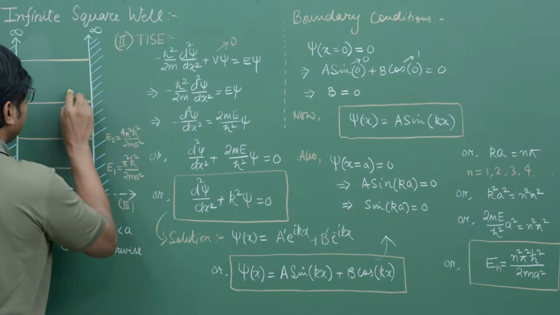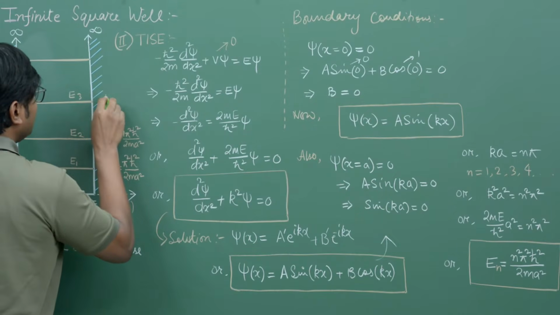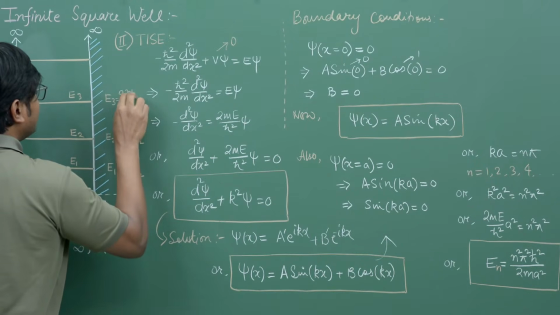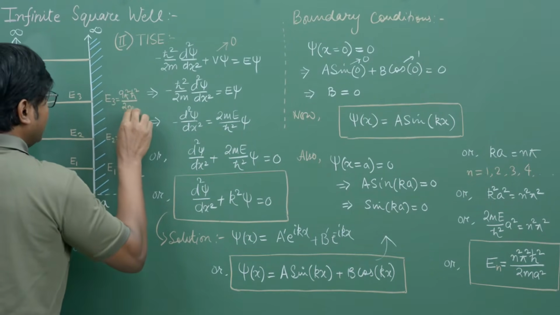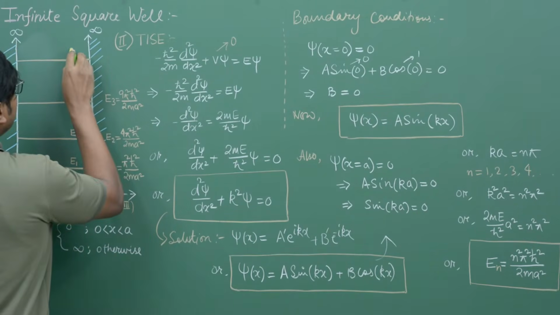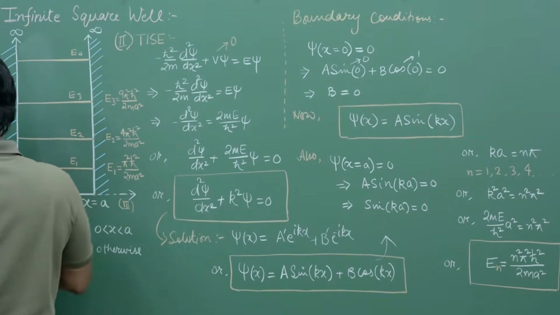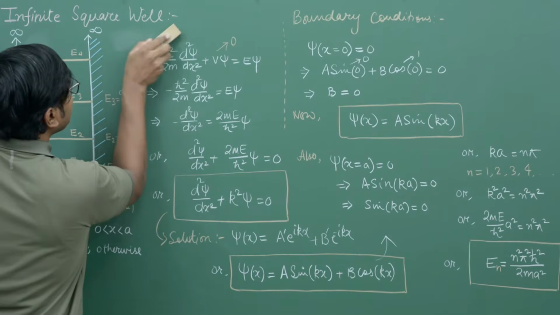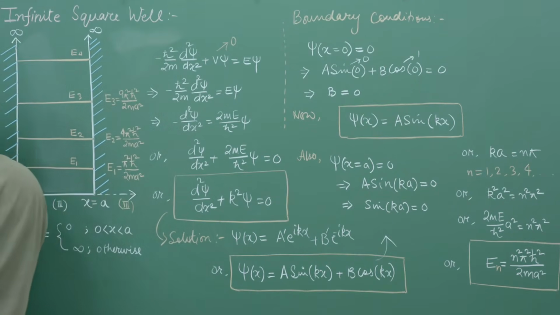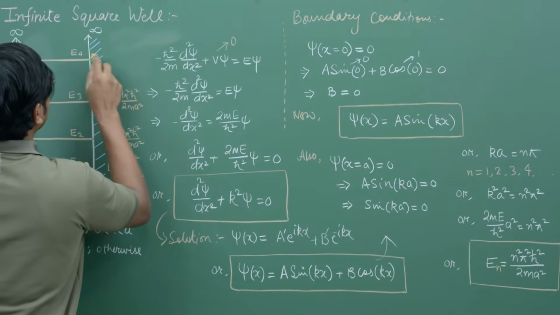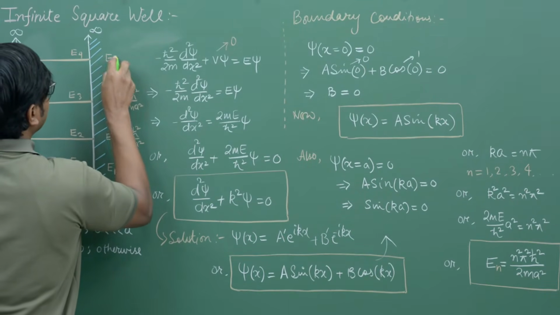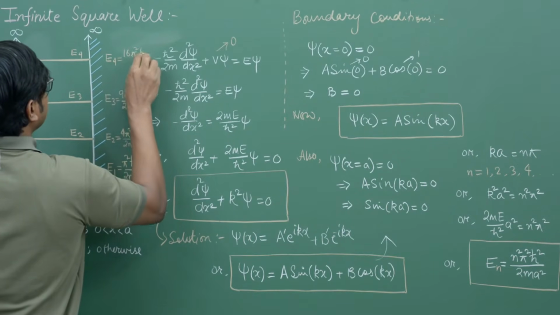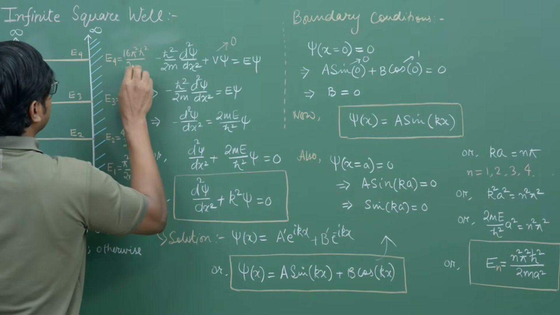Similarly, for n equal to 3, I have E3, where E3 is equal to 9 pi square h cross square upon 2ma square, and on. For n equal to 4, we have E4, which is 16 pi square h cross square upon 2ma square.